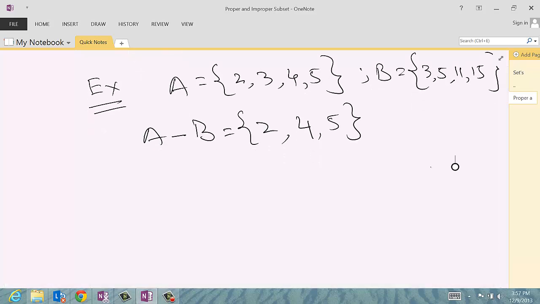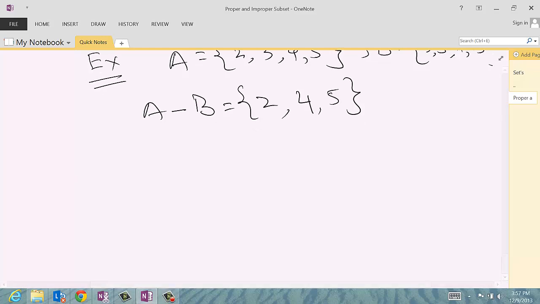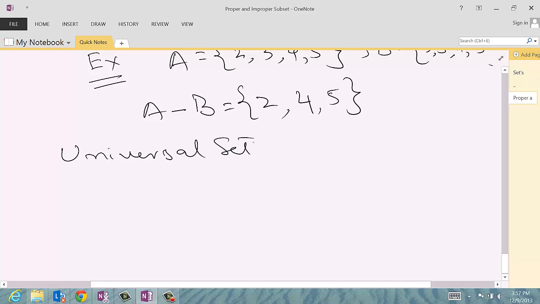And now, universal set. What is a universal set?